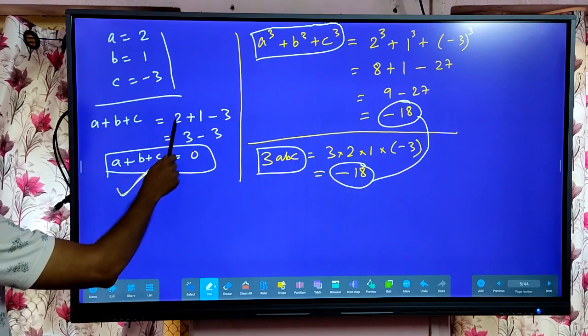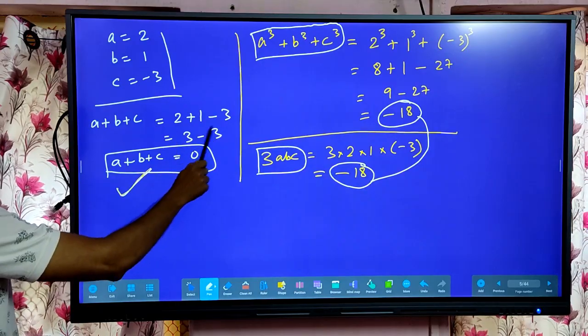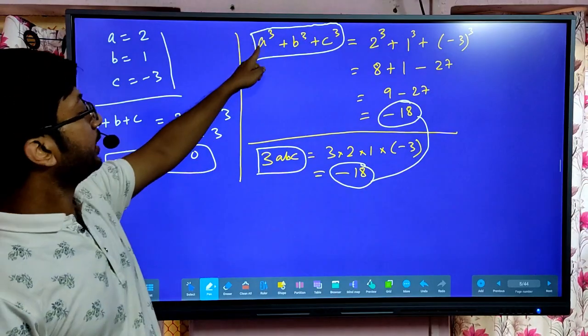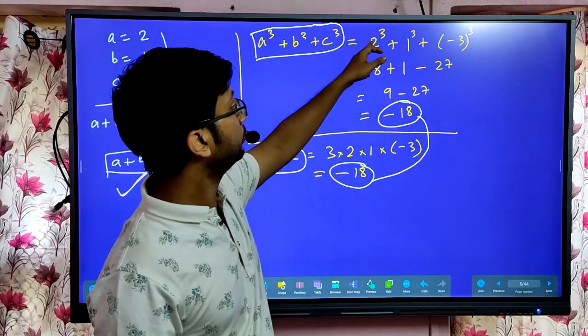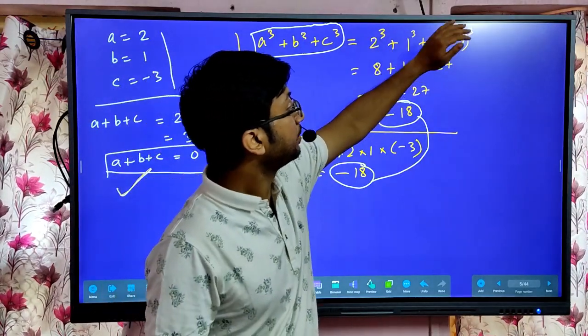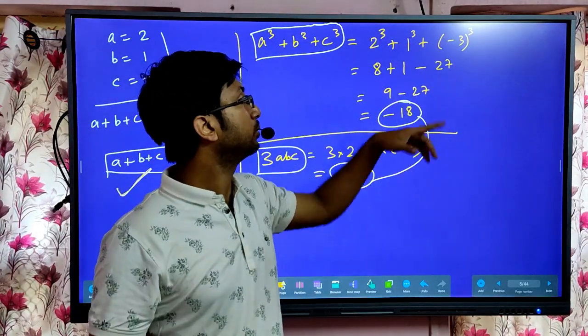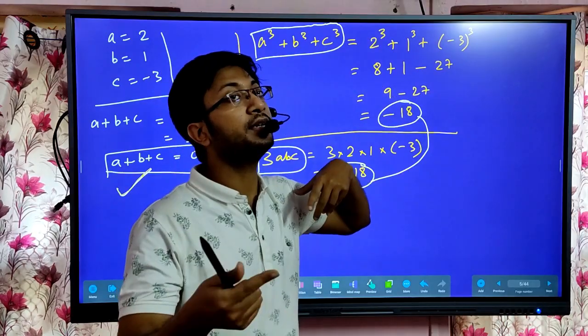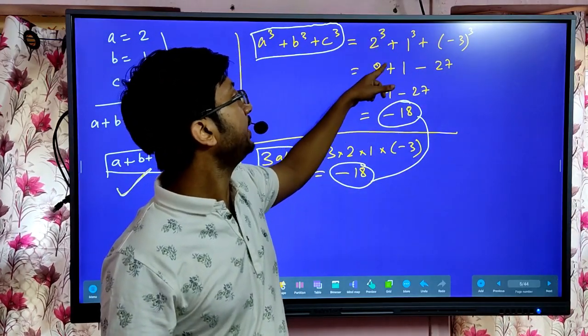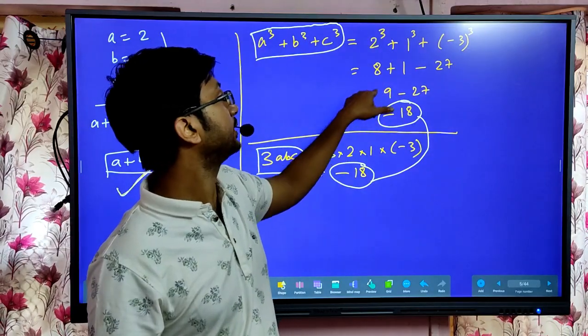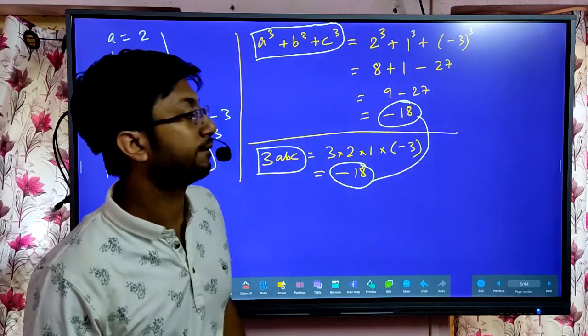So you see, 2 plus 1 plus minus 3, 3 minus 3 is 0. Now you do a cube plus b cube plus c cube. So it is 2 cube plus 1 cube plus minus 3 cube. So minus will remain, 3 cube is 27. 2 cube is 8, 1, minus 27. So it is 9 minus 27, it is minus 18.